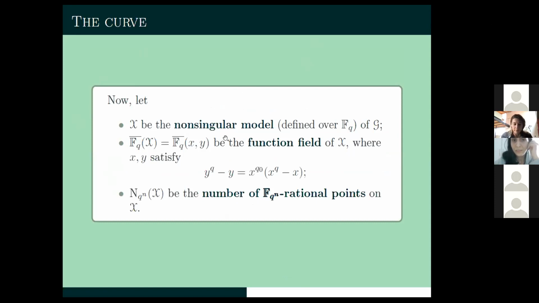We consider the function field of this curve X with generators x and y, which satisfy the polynomial equation of the curve G. And as standard notation, we denote the number of F_{q^m} rational points by N_{q^m}.